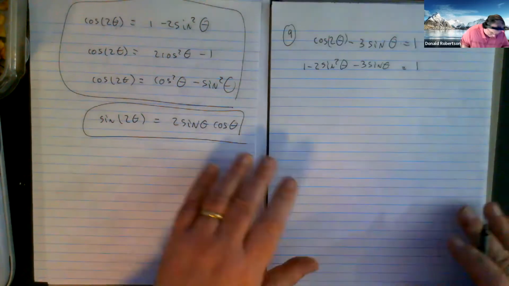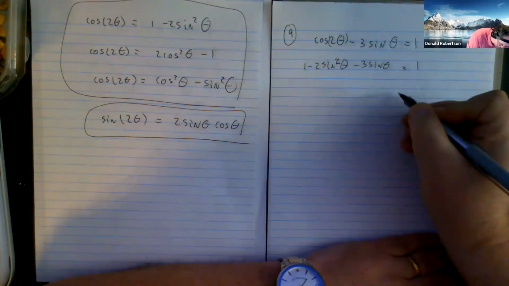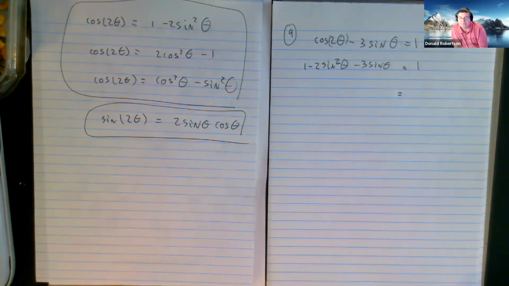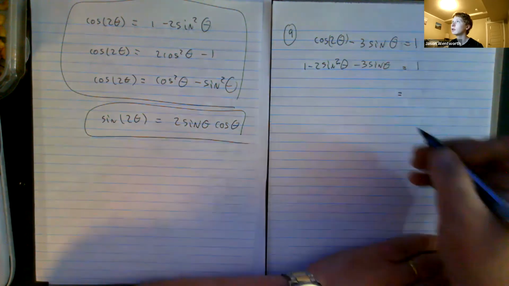Well, let's start solving this equation. As long as you do it to both sides, it's okay. Tell me what to do to both sides here. You subtract 1 from both sides? I would do that.